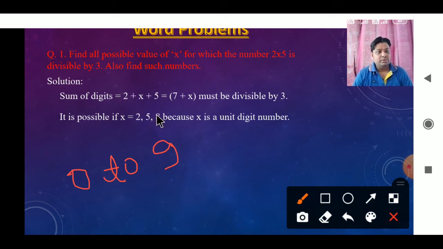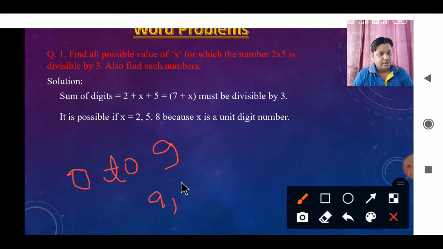Because this number is divisible by 3, we look for a number more than 7 which is a multiple of 3 and which is also a unit digit. 3 twos are 6, 3 threes are 9. The first multiple of 3 above 7 is 9; 3 fours are 12. 7 plus x is given.